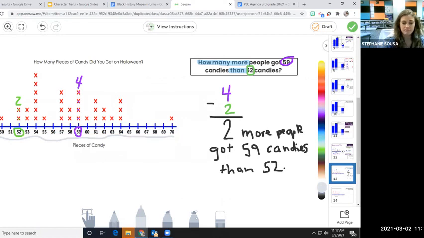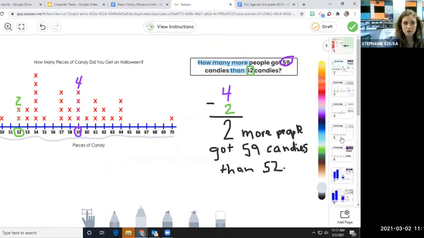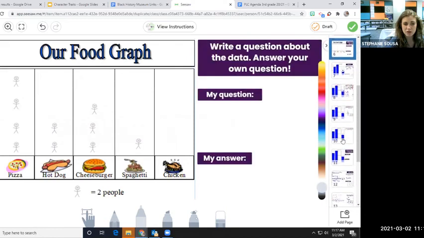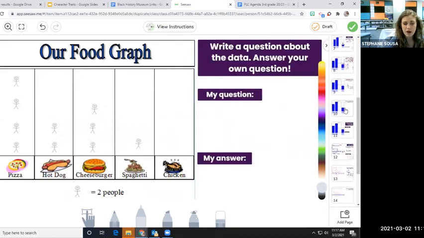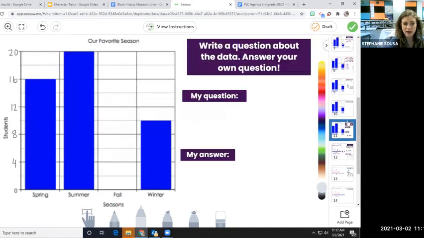Okay. All right. Your independent work are the slides that we skipped and the slides down here that we didn't skip because we didn't get to them yet. So you have 2 slides about pictographs, slides 5 and 6. You have 2 slides about bar graphs, slides 10 and 11.